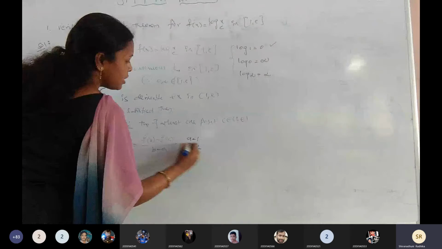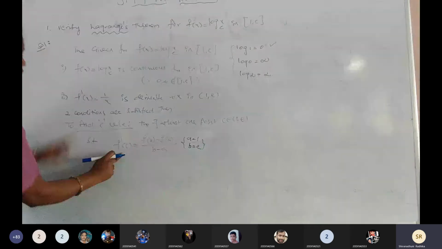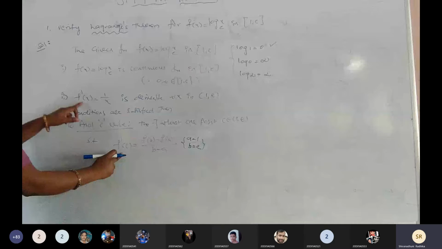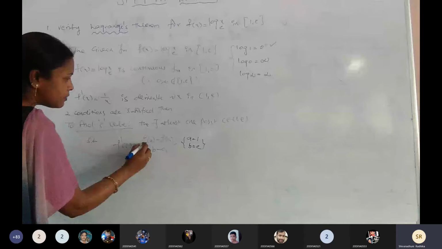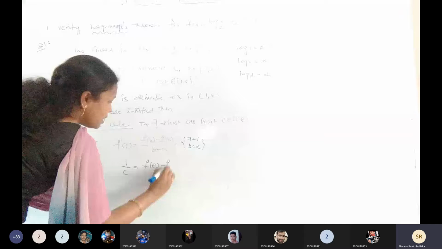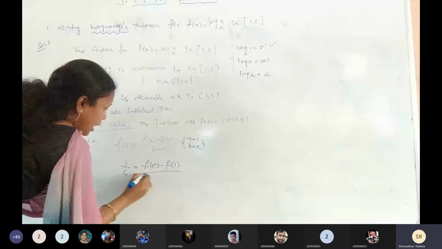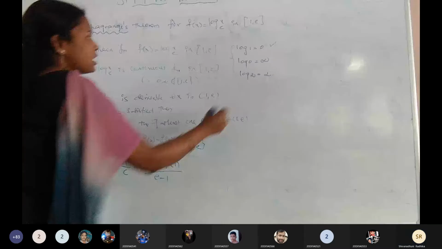Now we are going to substitute here. What is f dash of c here? f dash of x is there. Substitute x equals c: 1 by c equals f of b, f of e, minus f of a, f of 1, by b minus a, so e minus 1. Is it clear, all of you?